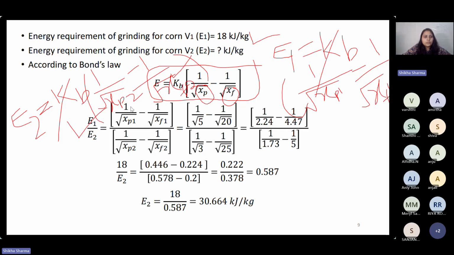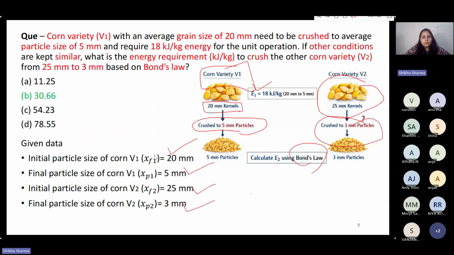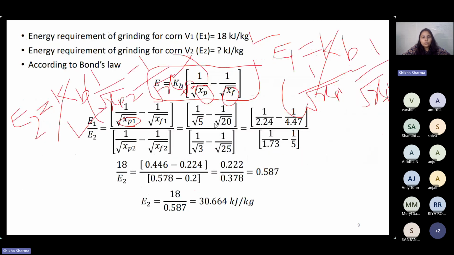So what do we get after solving this equation? E1 by E2 equals 1 upon root xp1 minus 1 upon root xf1, divided by 1 upon root xp2 minus 1 upon root xf2. From the given data, xp1 is 5 and xf1 is 20. So 1 upon root 5 minus 1 upon root 20, divided by 1 upon root 3 minus 1 upon root 25.